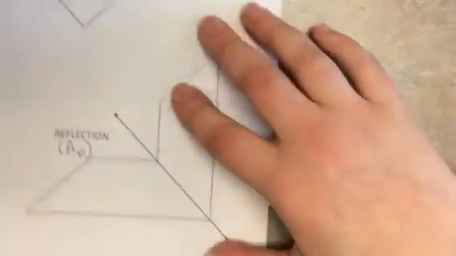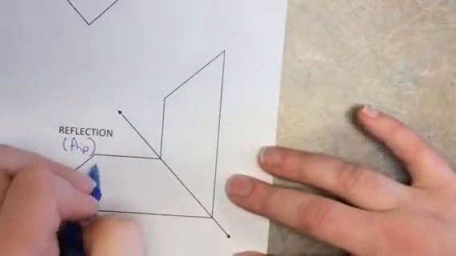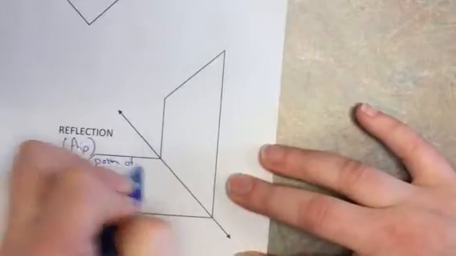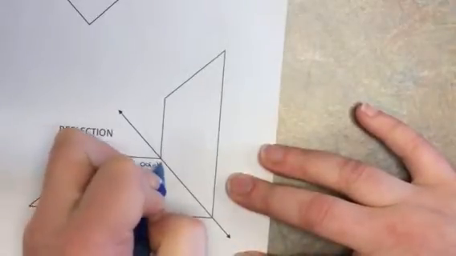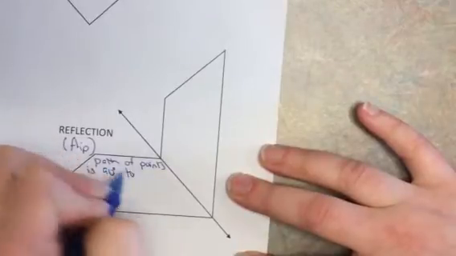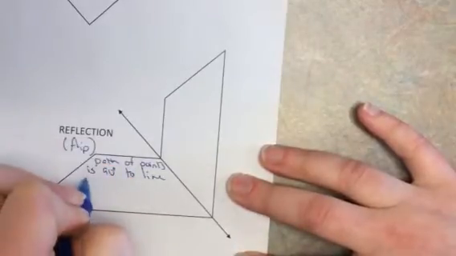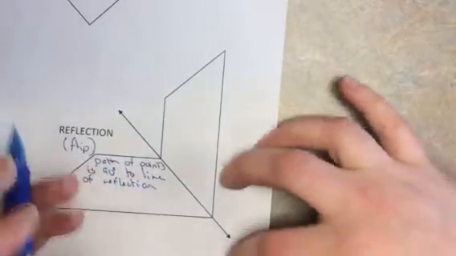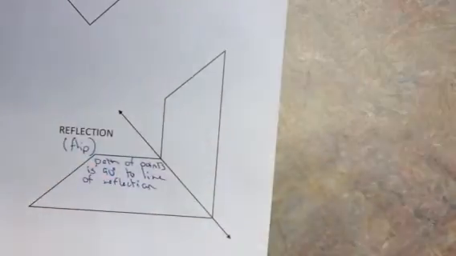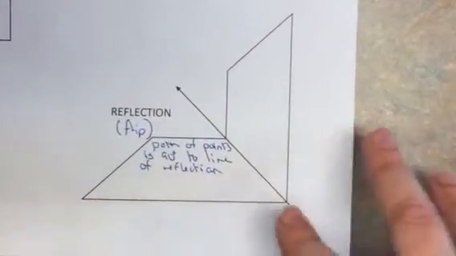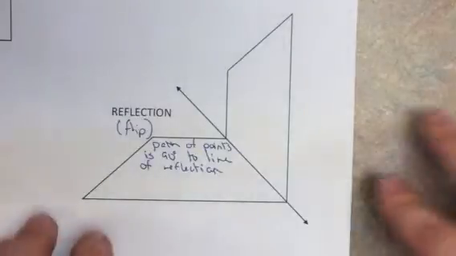So that would be a good thing to write down. So the path of the points is 90 degrees to the line of reflection. And then the other thing that was mentioned too, I'll show you in just a second after you have a chance to jot that down.